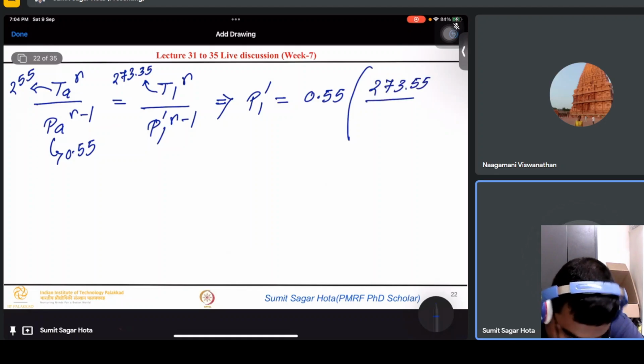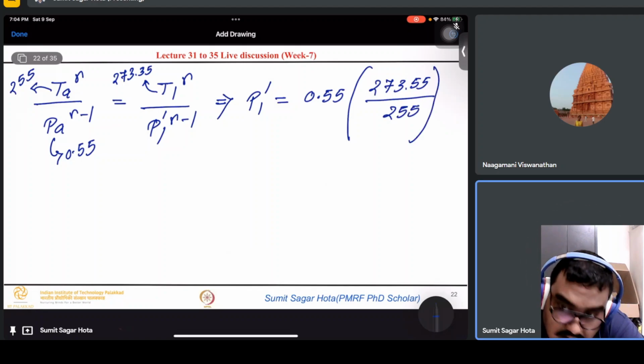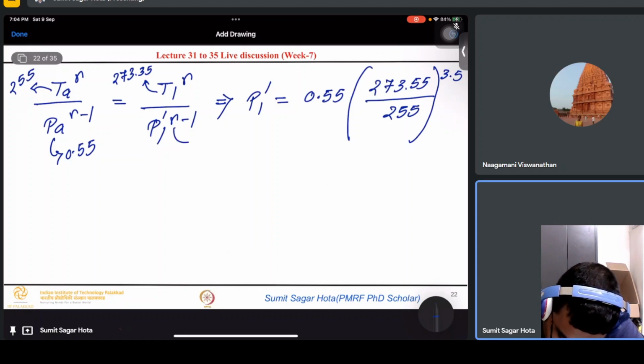273.35 divided by 255 to the power gamma minus 1 by gamma. If you do it, directly the value I am writing, you will get 3.5. Here gamma is 1.4.